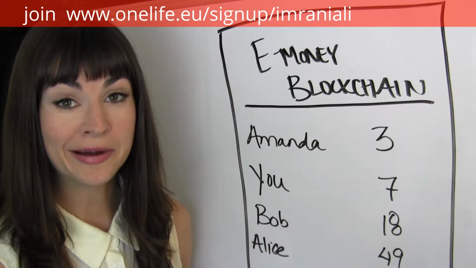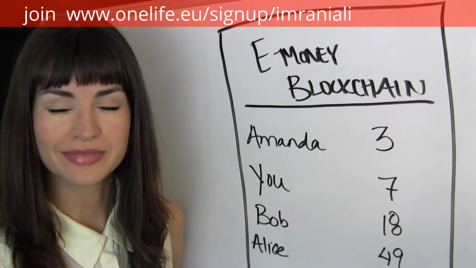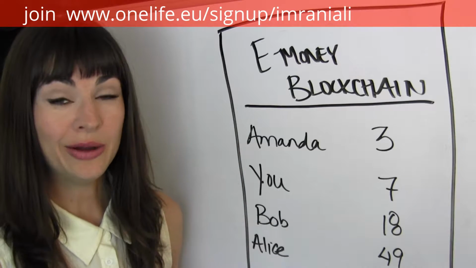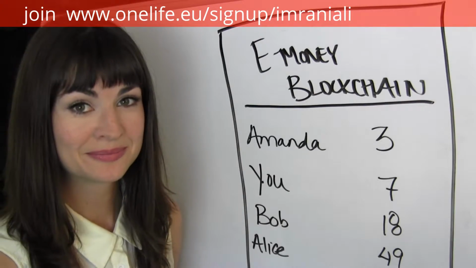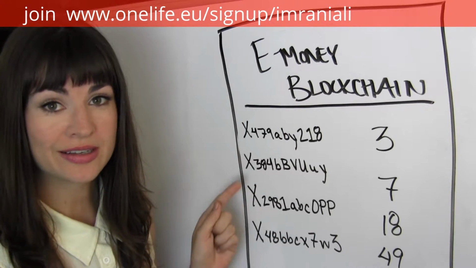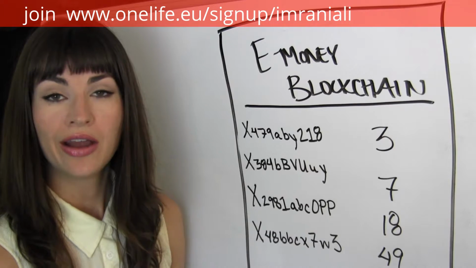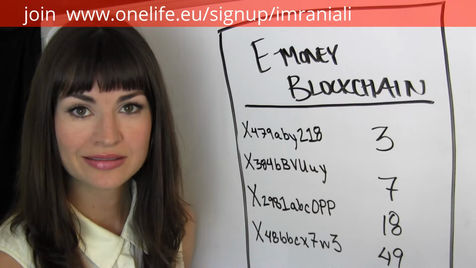What you need to know now is these accounts. They're not actually tied to your name. That wouldn't work at all. Accounts on a blockchain actually look something more like this. Long alphanumeric addresses, which are actually longer than these, are totally unique, and you can own as many of them as you like.